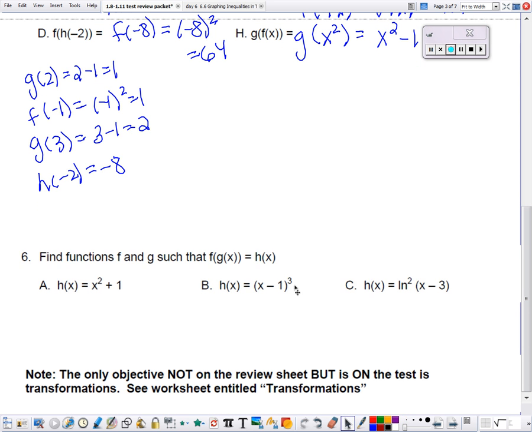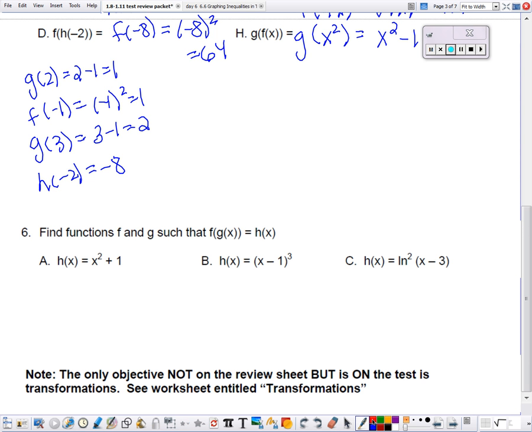Now, for number 6, there's multiple options for answers. I need the inside and the outside function. Well, if I make the inside function x squared, so I'm going to say g of x is x squared, that means f of x is x plus 1.